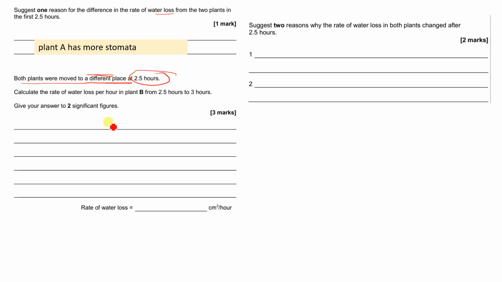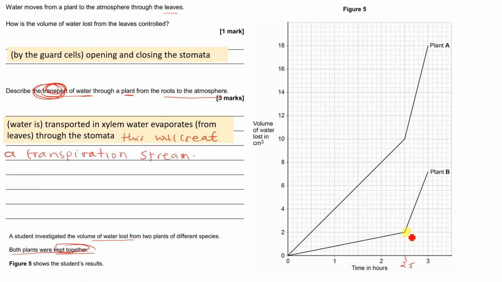Now, both plants were moved to a different place at 2.5 hours. Now, calculate the rate of water loss per hour in plant B from 2.5 hours to 3 hours. So if you go from 2.5 to 3 hours, we are looking at from this point to this point.